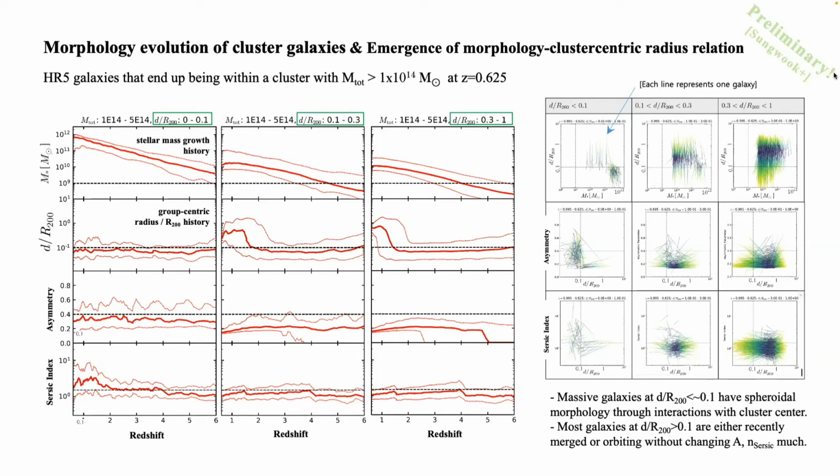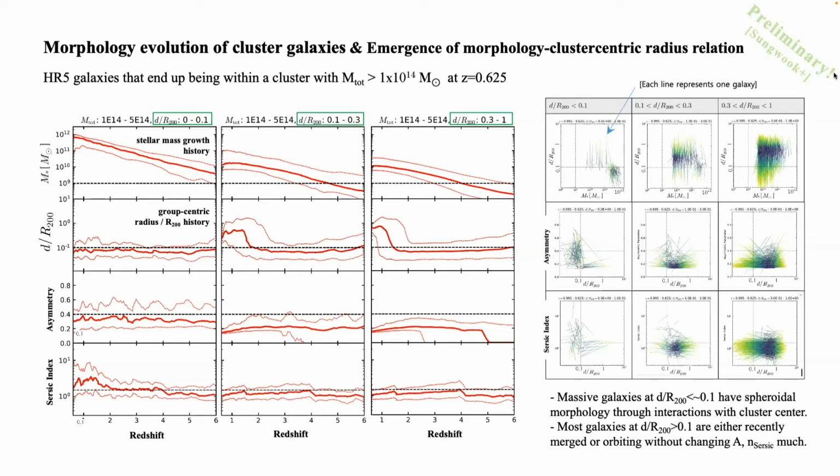And these light ones were at D larger than 1 and then came in, and they have small asymmetry and small Sersic index, so they're still disk galaxies. But these heavy galaxies were orbiting around and passing through the center of the cluster, and they get stripped and have large asymmetry and also a spherical shape.